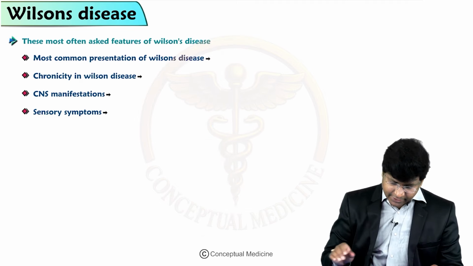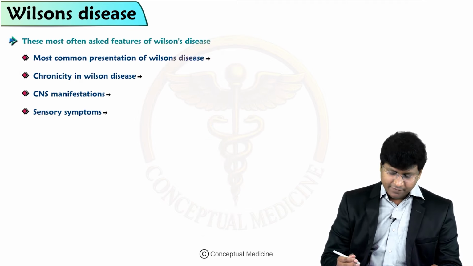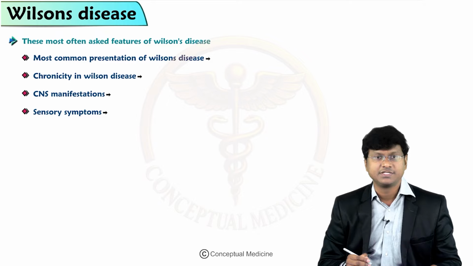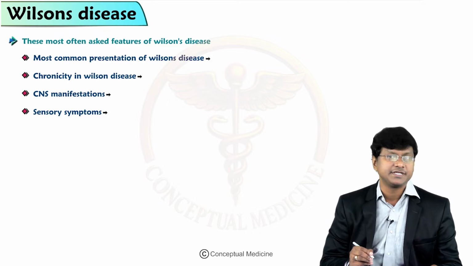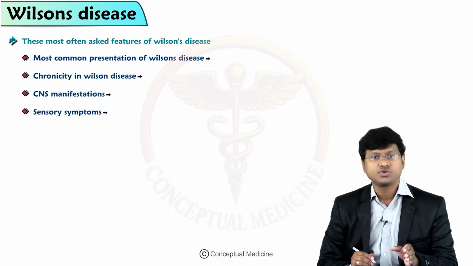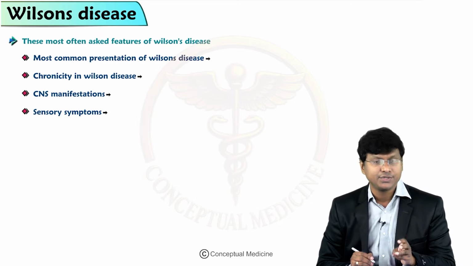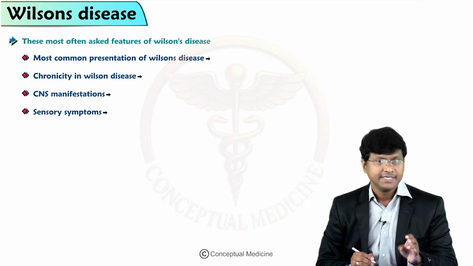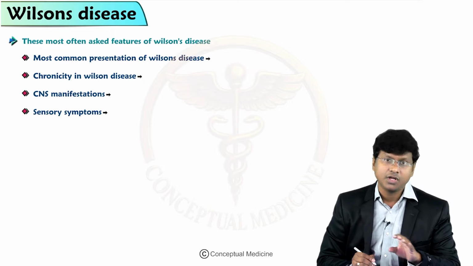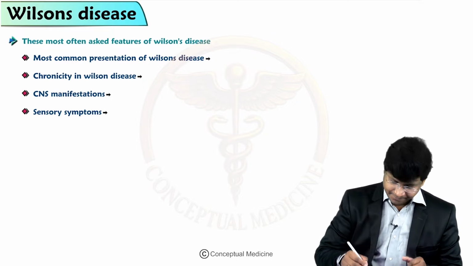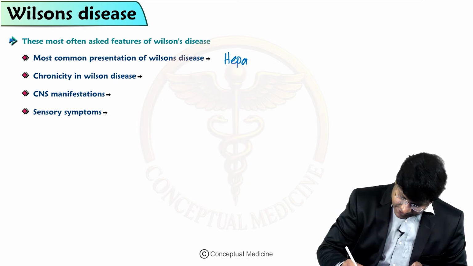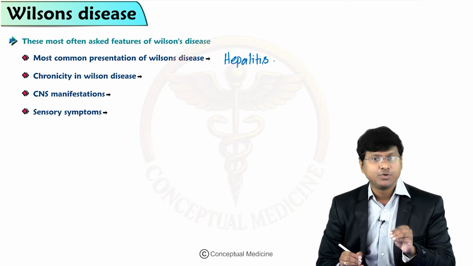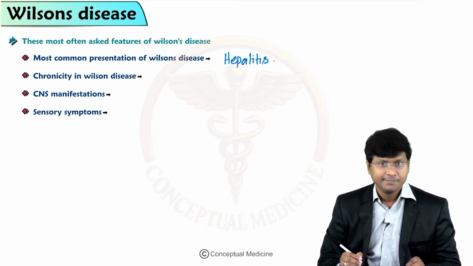Now, let me tell you some of the most often asked features of Wilson's disease. The question is, what will be the most common presentation of Wilson's? Most common presentation of Wilson's is acute or chronic liver disease, it will cause all the types of hepatitis. Okay, so hepatitis or hepatic manifestations, that will be the most common presentation of Wilson's.